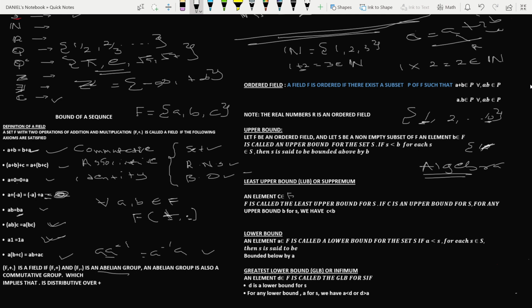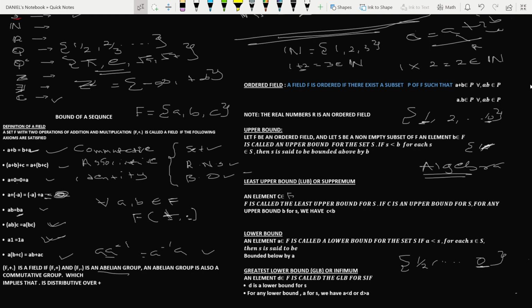Let's say you have 1 over 2 down to 0. You have 1 over 2 here down to what? 0. So 1 over 2 is 0.5. So 0.5 is the upper bound, while this one here is called the lower bound.